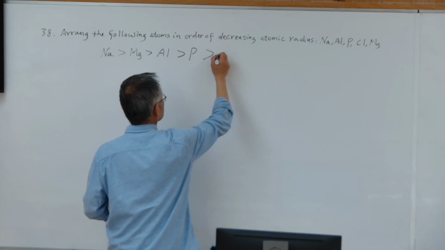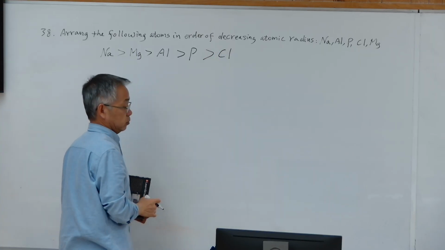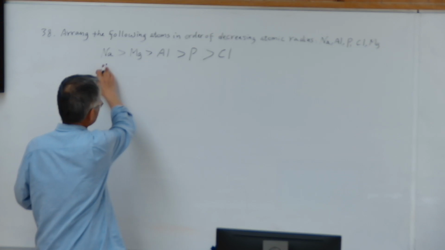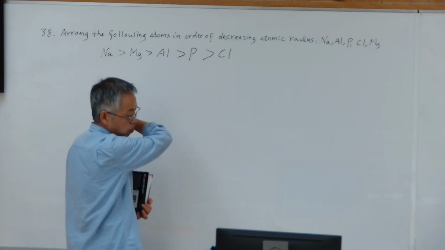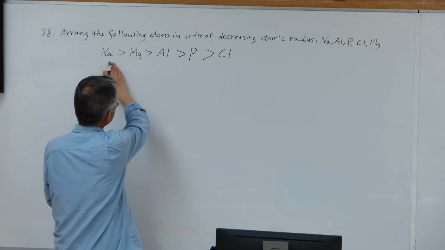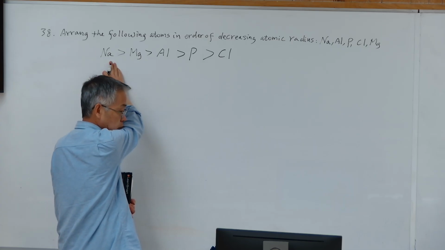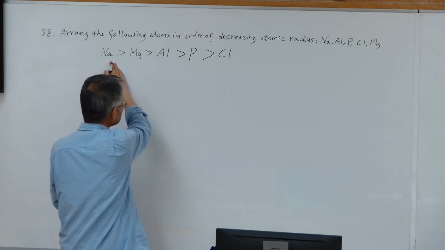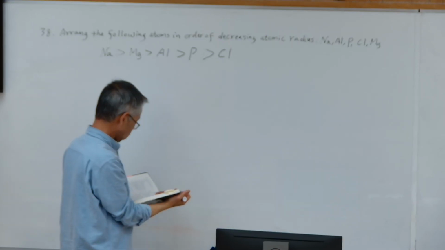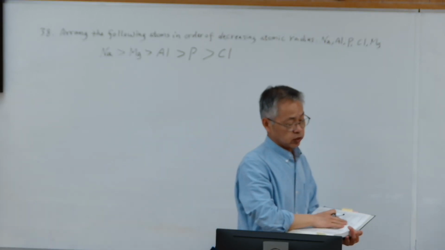Last one is chlorine. Okay, so as we move from left to right, proton number increases, then attractive force toward outer shell electrons becomes stronger, then size becomes smaller and smaller. Okay, this is the first question.